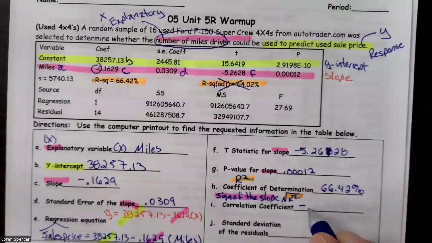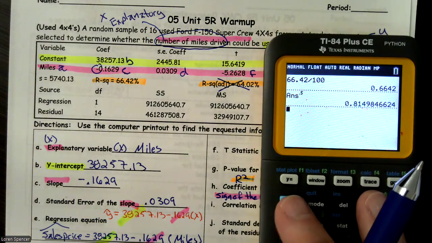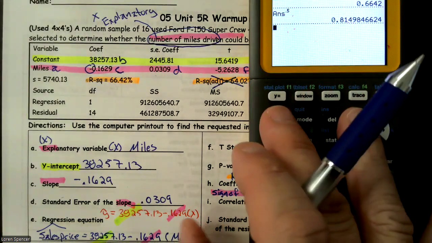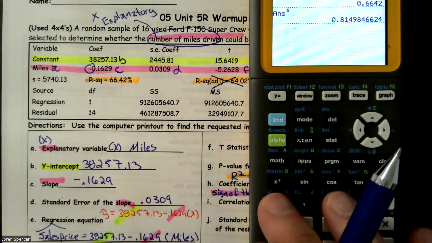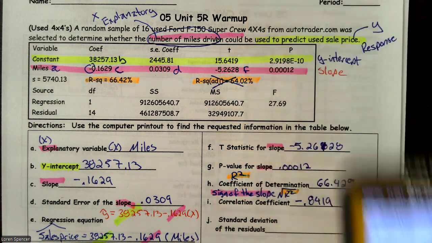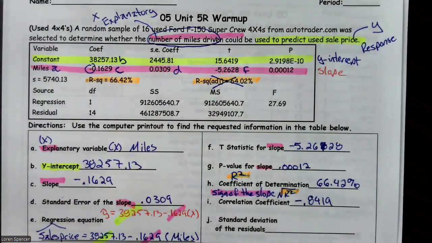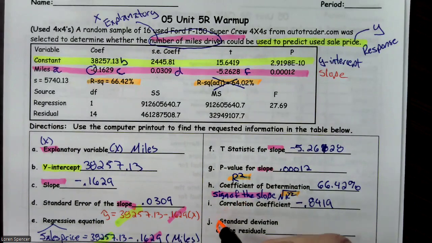So negative 0.8149, the sign of the slope and the square root of r squared. Alternatively, you could have pressed the blue button and then the square root sign and put in the 0.6642, and you still get the same thing, but have to make it negative by taking the sign of the slope.